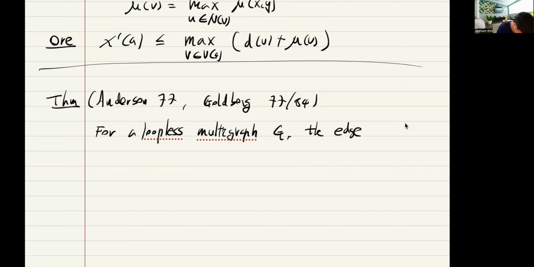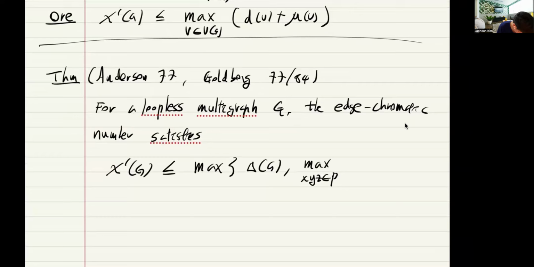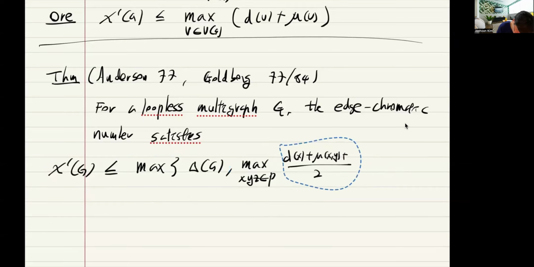The edge chromatic number of G is at most the maximum of the maximum degree and the maximum over all x, y, z in P, a 3-vertex path. So x, y, z is a 3-vertex path: x, y is adjacent, y, z is adjacent.